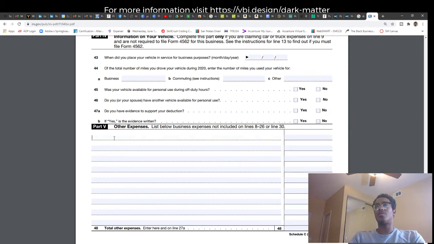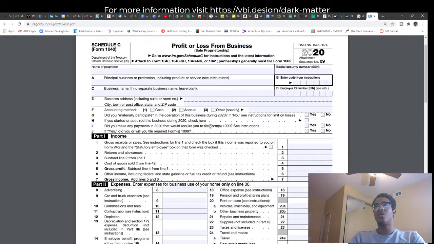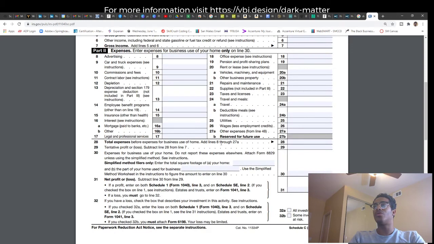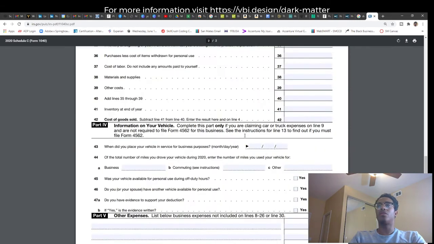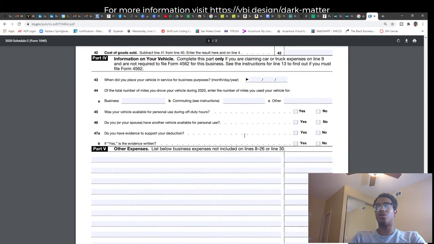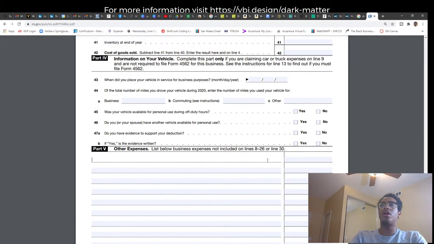Now, where it says other expenses here in part 5 ties back into this area in part 2, where it says other expenses. This is just a summary of whatever is listed in part 5 for other expenses. And other expenses are typically things that aren't listed above, like if I'm using my cell phone for business, since we're all working from home and that's a big part of things, then I would estimate how much of my phone I'm using for business.